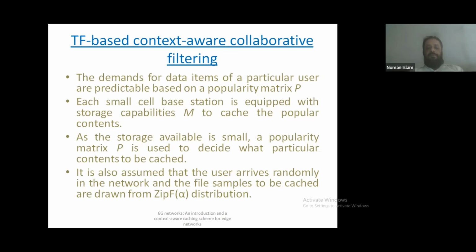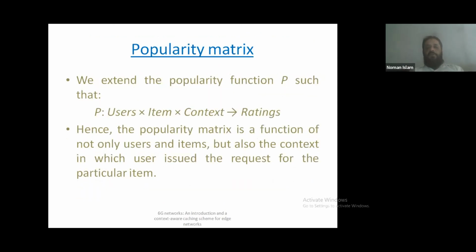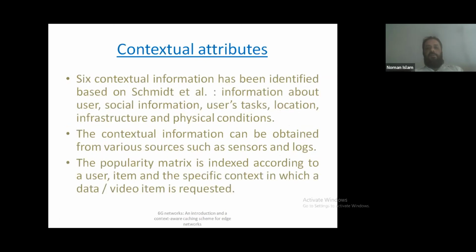And from the literature, it has been found that the requests for the items can be modeled using a Zipf distribution. So what we have done is that we have extended the popularity matrix to three dimensions. So we have the users, items, and context. Based on them, we have the rating. And this popularity matrix can be factorized using the solutions already available in the literature.